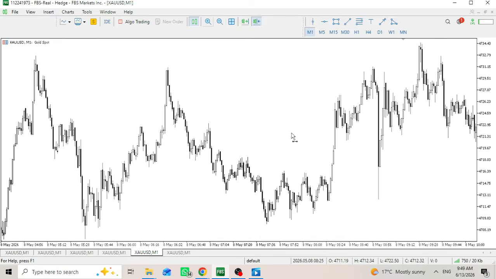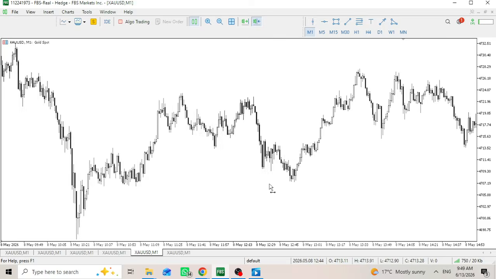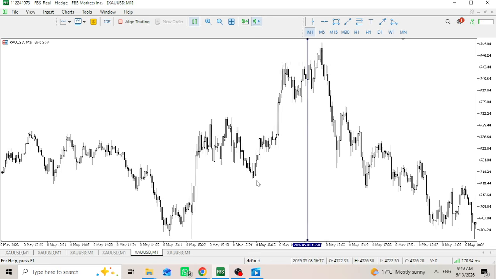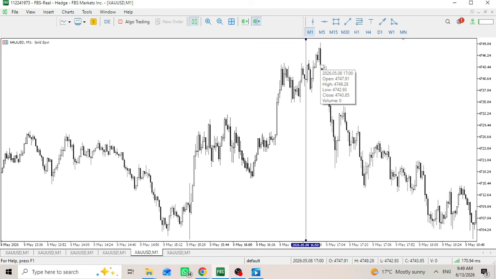Now let's come here. Let me enlarge price so that you can see it. This is 5 p.m. The first 1 minute candle of 5 p.m. is there, making the high of the day.